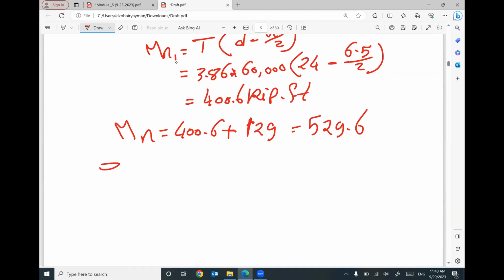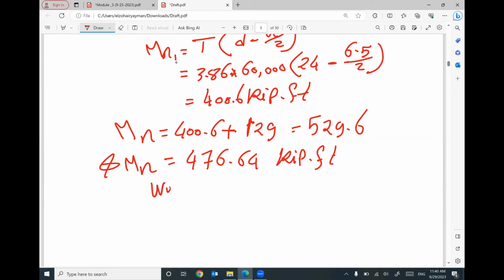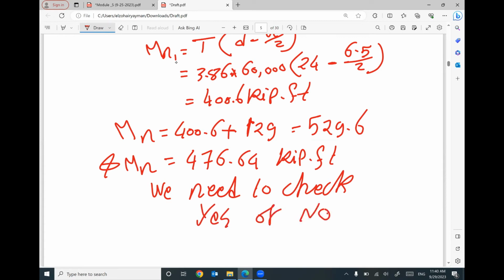I can multiply by phi Mn. It will give you 476.64 kip-foot. We need to check: yes or no. Because if you answer yes, we are done, and this is your design moment strength.